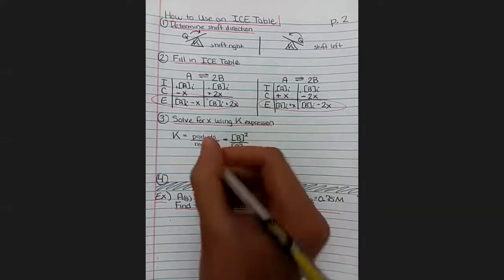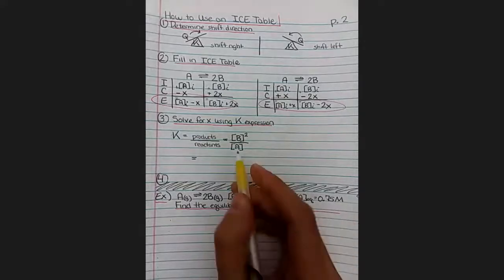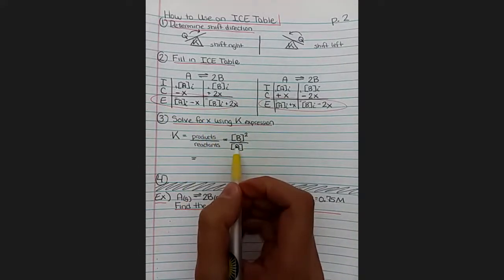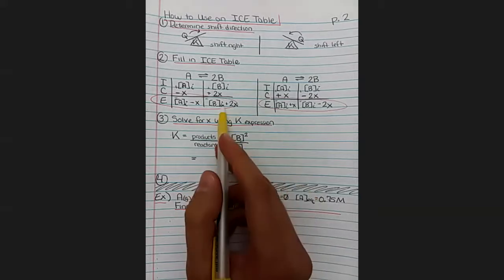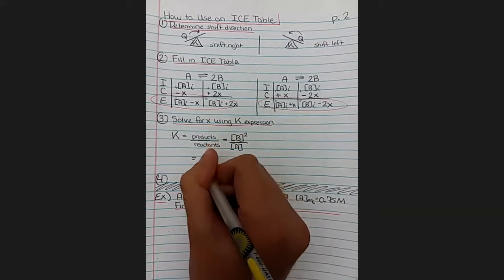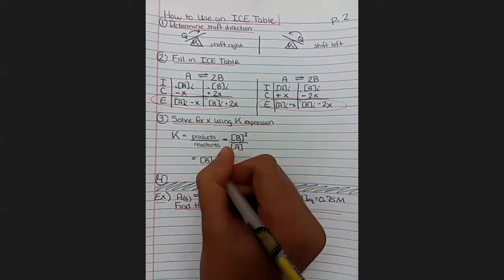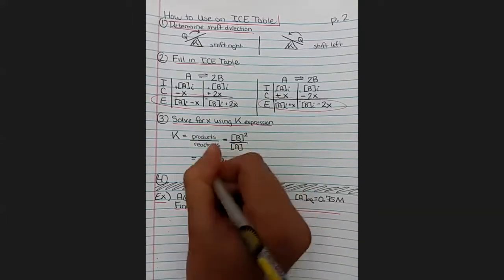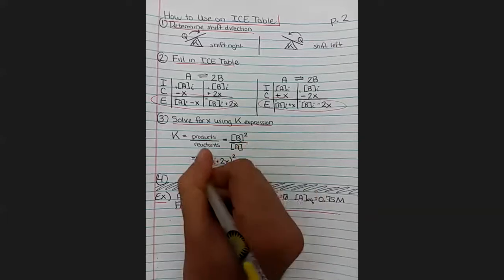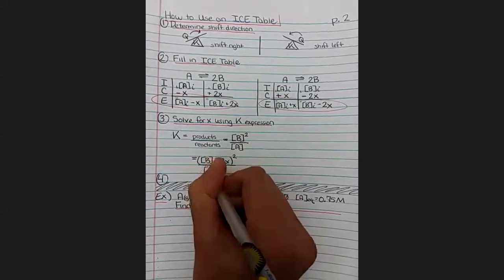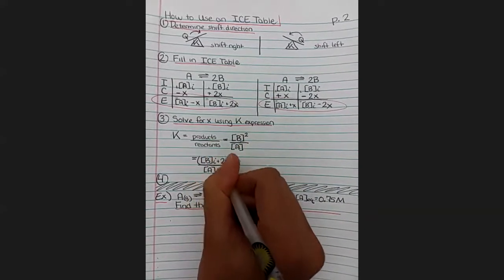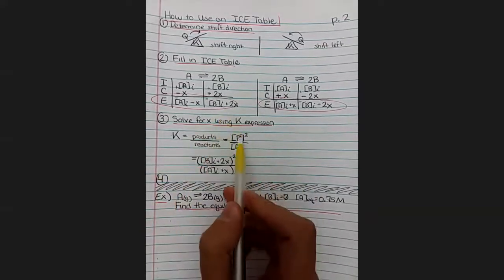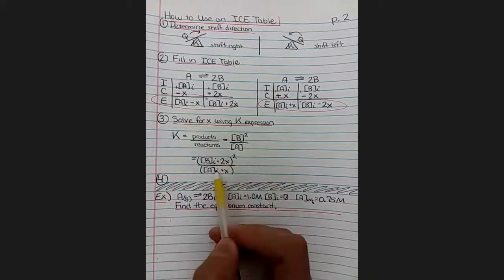And so what we're going to do is we are going to plug in all the numbers from our equilibrium line into our equilibrium constant. So our concentration of B at equilibrium was B initial plus 2x. That whole thing is squared over A initial plus x. Okay, so that's this number for B, we plugged it in here, and this number for A, we plugged it in here.